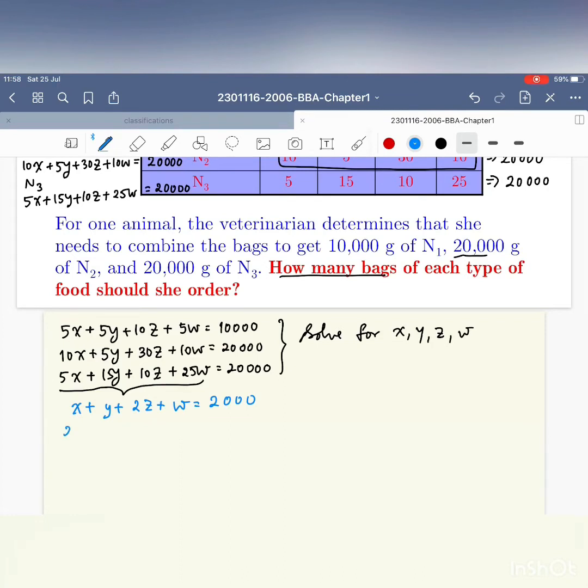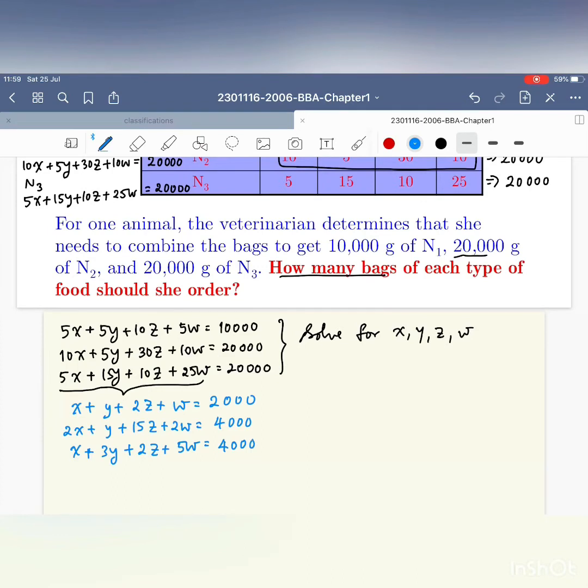And then this one's 2x, y, 15z, 2w, it is 4,000, right? And x, 3y, and 2z, and 5w, it is another 4,000.